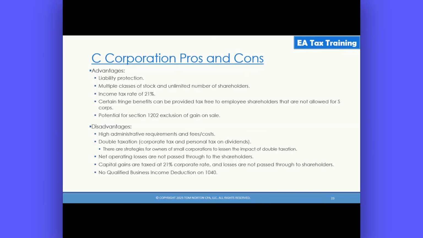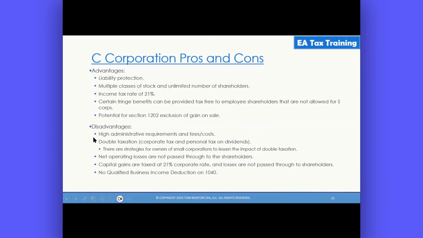And there are some people who start their business as a C corporation specifically because they hope to one day sell that business at a large gain, and they want to be able to exclude that gain under Section 1202. The disadvantages of a C corporation are the very high administrative requirements that we talked about, along with the fees and costs.